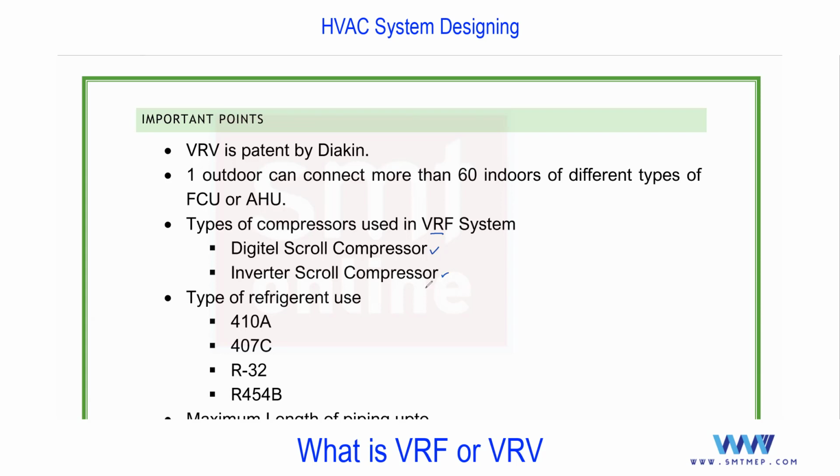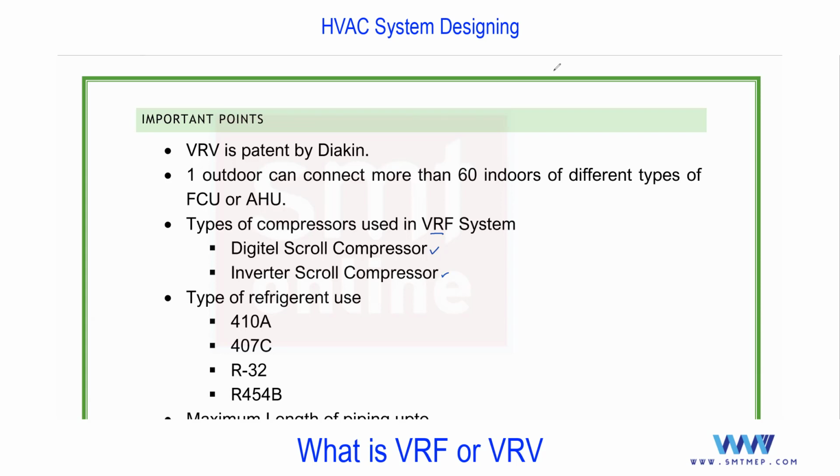So I'll try to give the idea of the VFD, variable frequency drive. So an inverter scroll compressor is a scroll compressor, but it can run at different speeds as per the load demand. If the load reduces, the RPM of the scroll compressor decreases. If the load increases, the RPM of that scroll compressor increases because it is connected with the VFD drive. So how exactly VFD works, you'll find in the next part.